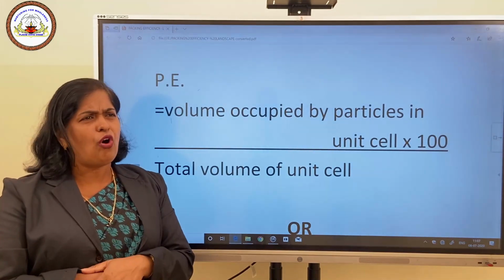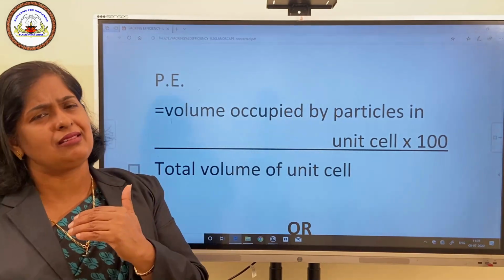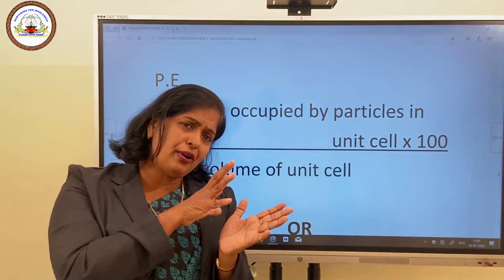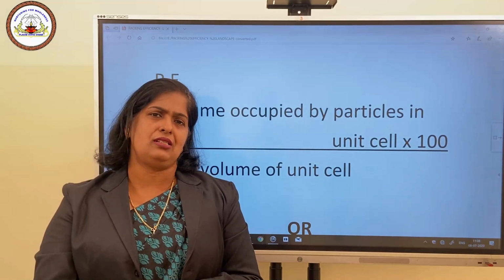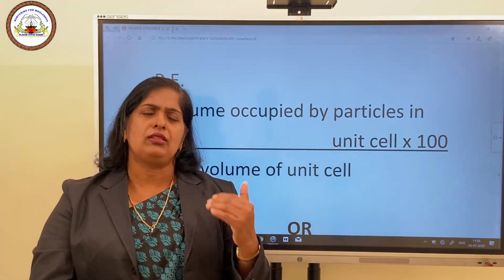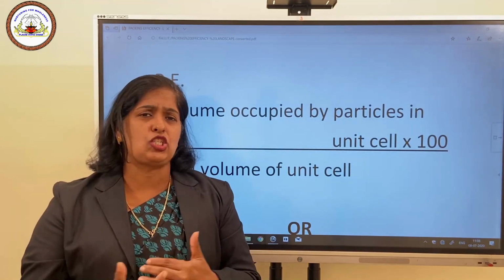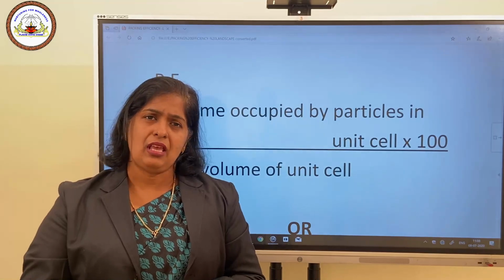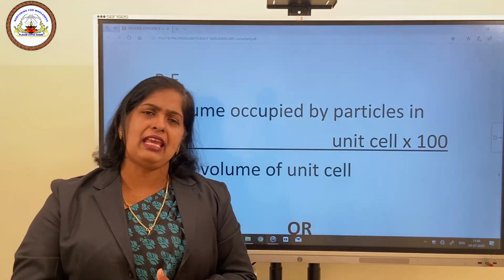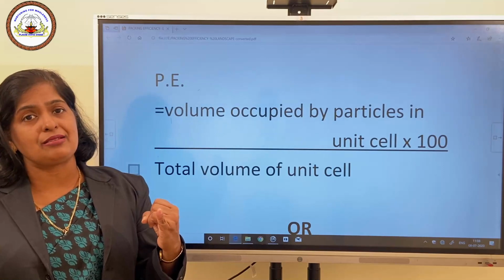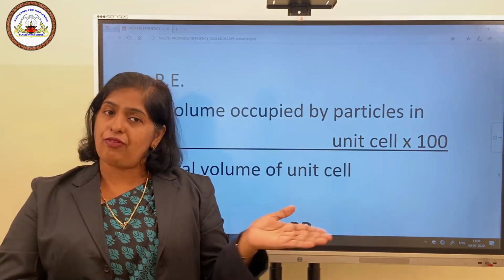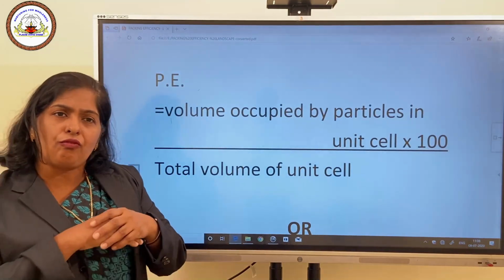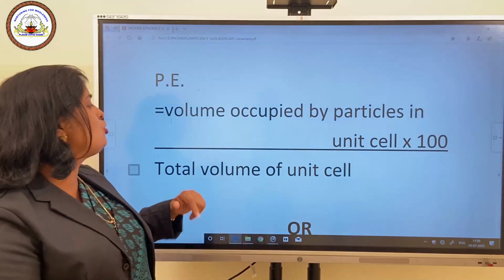We know volume occupied by particles in the unit cell means number of particles into volume of one particle, and all these particles actually mean atoms. So packing efficiency is equal to number of atoms into volume of one atom divided by total volume of the unit cell into 100.